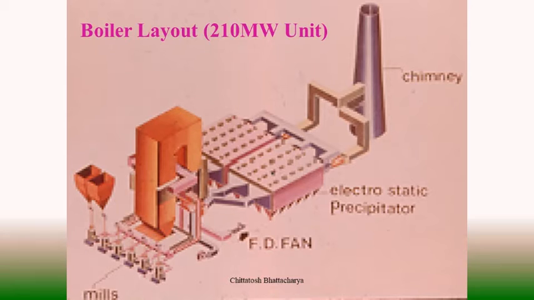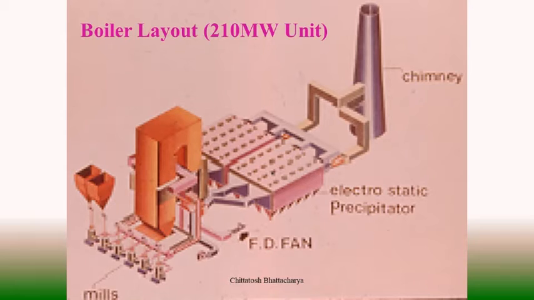So in this system, as primary air is supplied by the FD fan after the air preheater, we are getting hot primary air, and for tempering purposes some part of the FD fan air is bypassing the air preheater, and that part is added to the hot primary air. So this system is called the hot PA system.